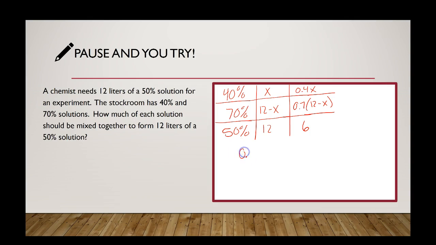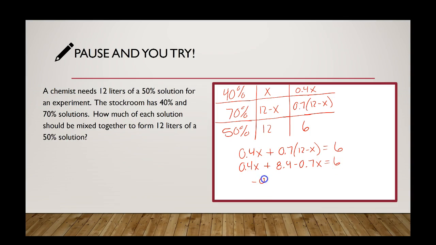Your equation would be the 40% solution plus the 70% solution, which would give you the 50% solution. All right, so let's solve this out by distributing. It's 8.4 minus 0.7x equals 6.